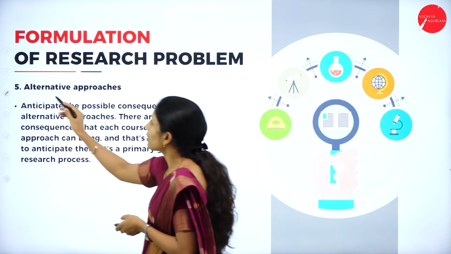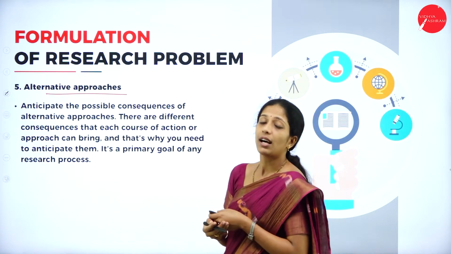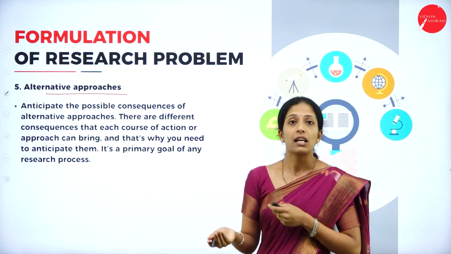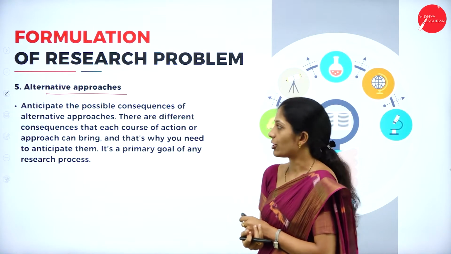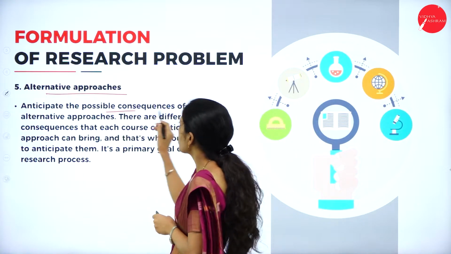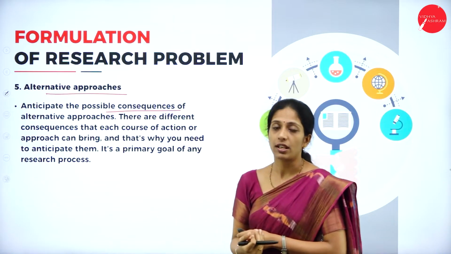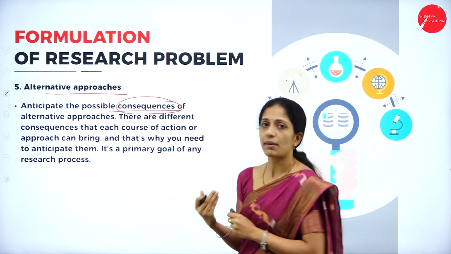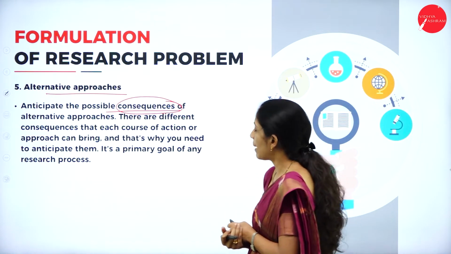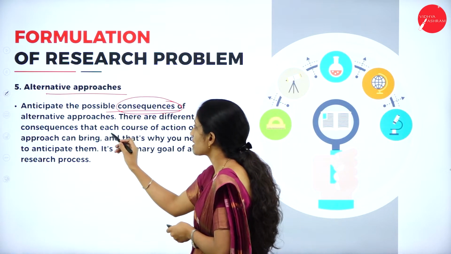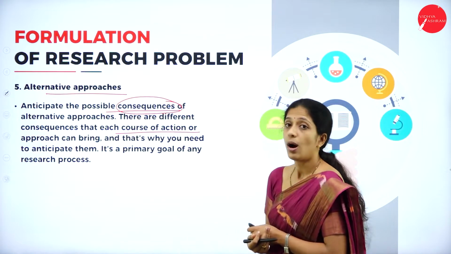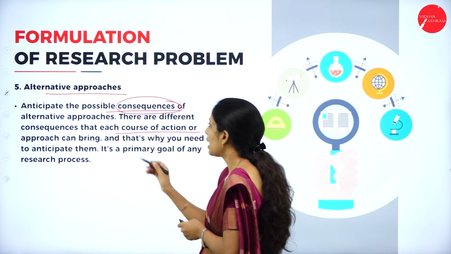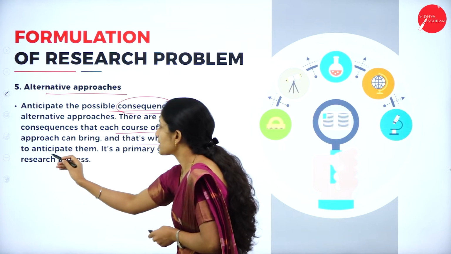Next one is alternative approaches. What are the alternative approaches that have to be taken in problem formulation? Anticipate the possible consequences of alternative approaches. There are different consequences that each course of action or approach can bring, and that's why you need to anticipate them.